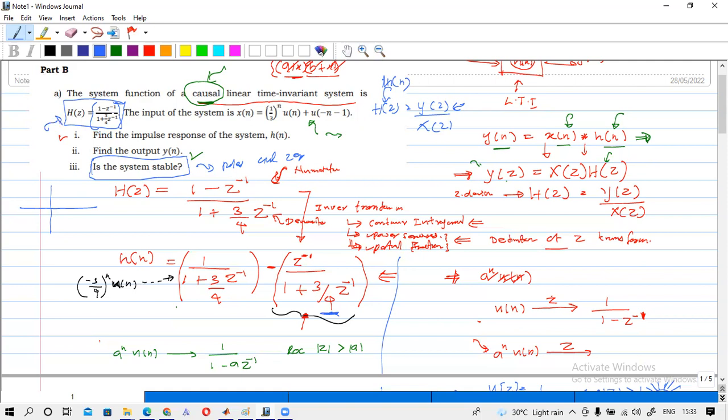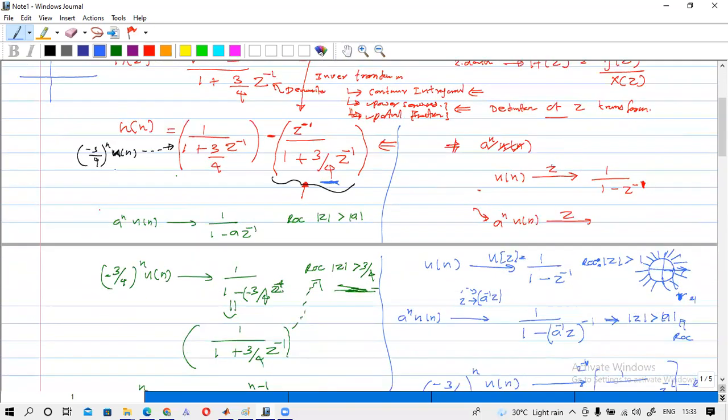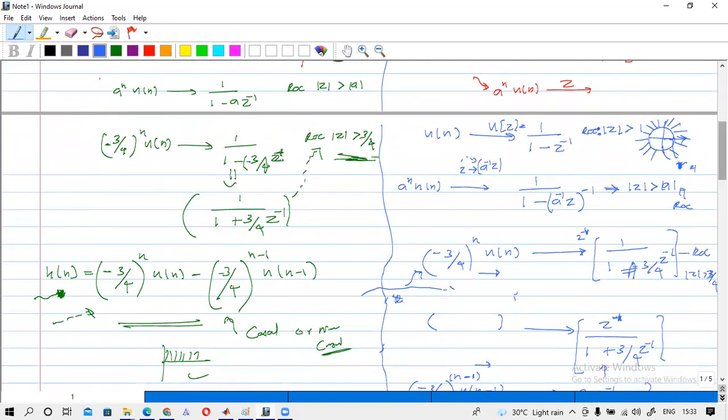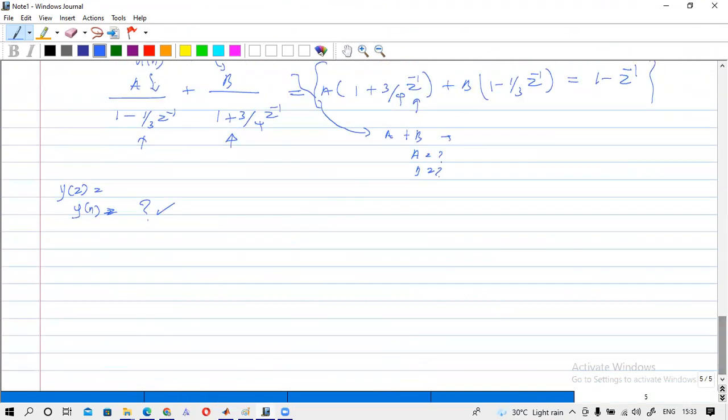If I find the poles and zeros here, you can find them too. I think you are okay with this yn. You can find the yn through this method by doing some mathematical manipulation, so please do it as an exercise.